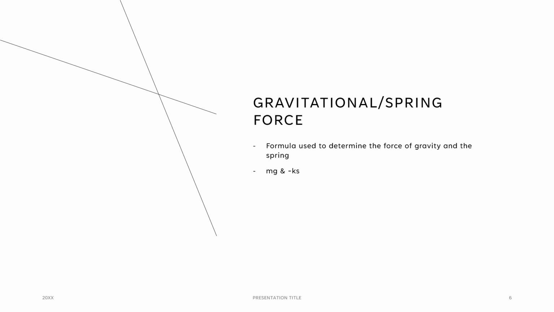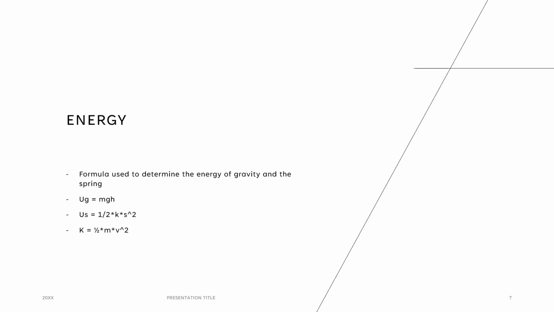I'm also going to use the formulas for gravitation and spring force, which is just mg for gravity and then negative ks for the spring force. I also will use the various equations for energy, such as UG equals mgh, spring potential equals 1/2 ks squared, and kinetic energy equals 1/2 mv squared.